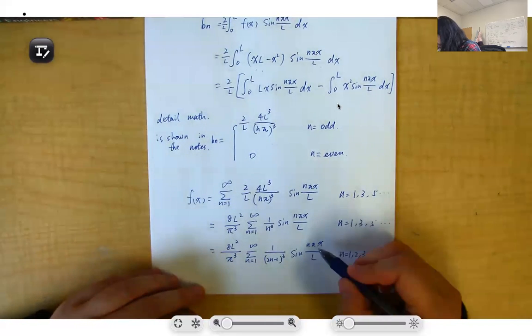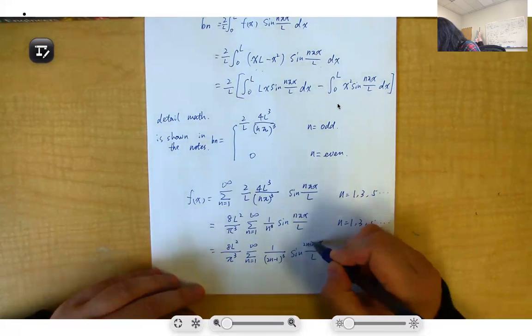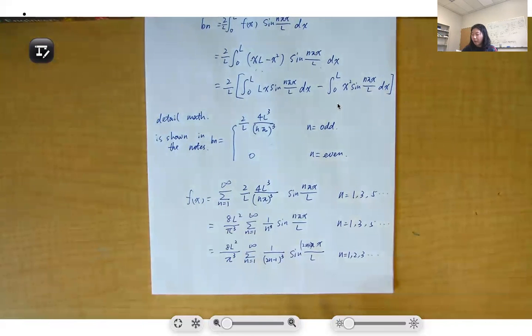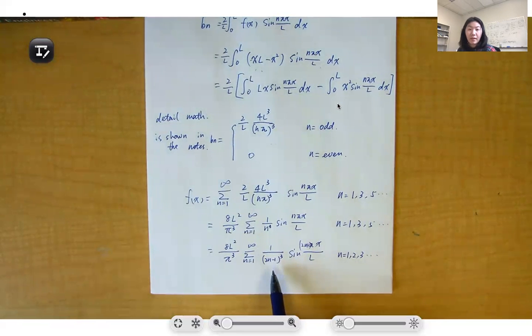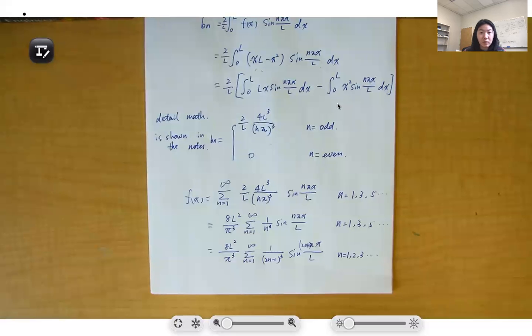Sorry, this will be 2n minus 1 again here. So you can use a generalized n as an integer from 1 to infinity to represent only the odd numbers, which is 2n minus 1. Okay. And we will use MATLAB to see how this function behaves when we code it into MATLAB.